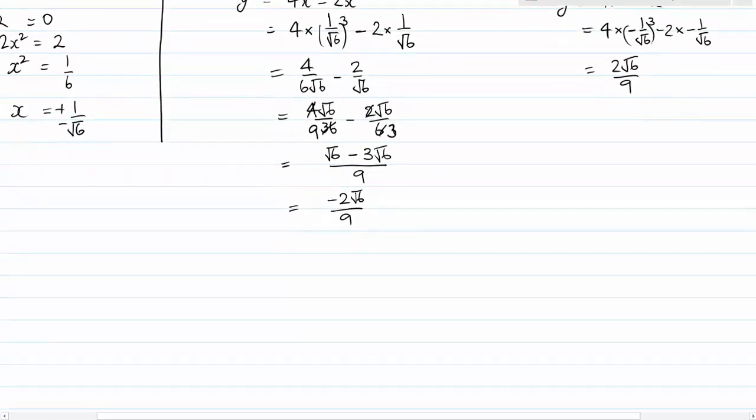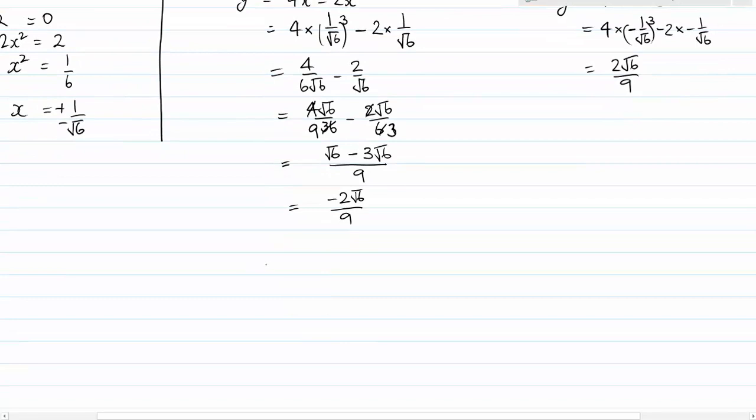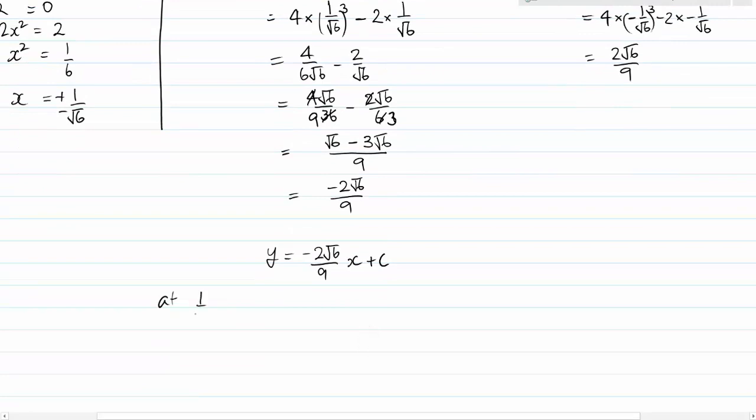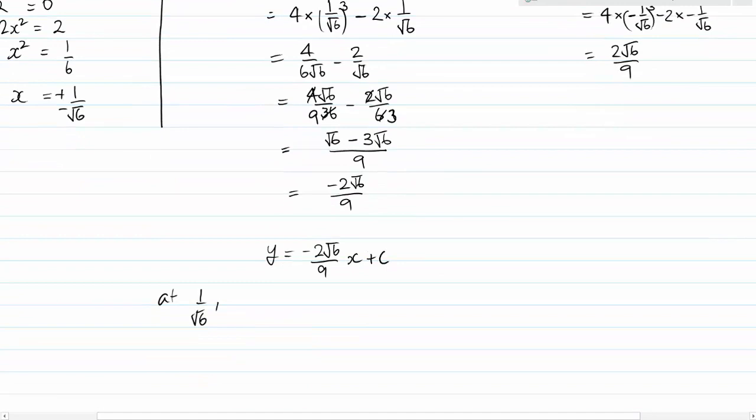Now continuing to follow this vertically, here we have y equals negative 2 root 6 over 9 x plus c, and this is at the coordinate which I got earlier, 1 over root 6, comma negative 5 over 36.